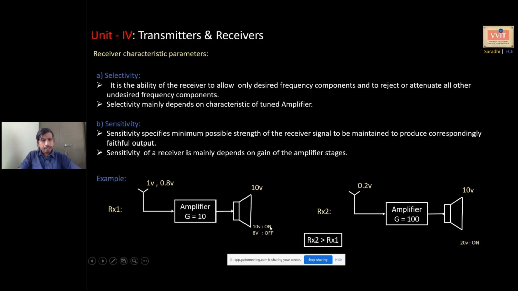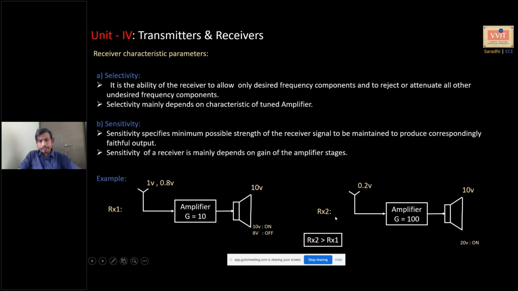Suppose your received signal is 0.8 volts, then the amplifier output will be 8 volts, so the speaker has only 8 volts and it needs at least 10 volts, so the speaker does not play any sound. This is receiver 1 with a gain of 10.